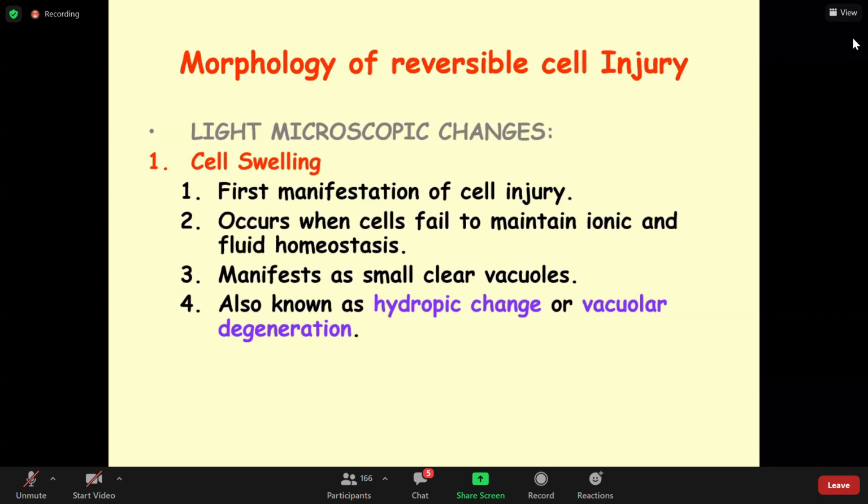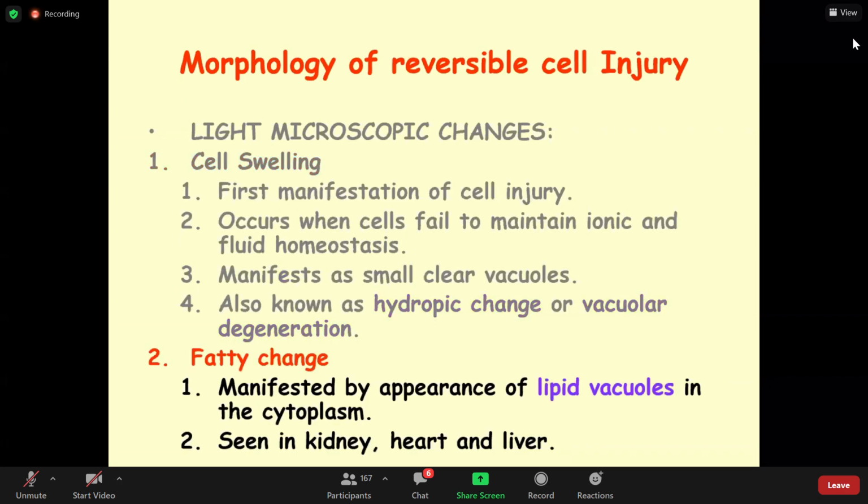If you look at all the organelles of the cell, you will see that it has swollen because water has come into it and started to actually lose its normal structure, what you call dissociate from its normal surrounding and structure. So that's actually one of the first signs that you're going to be seeing with regard to reversible cell injury.